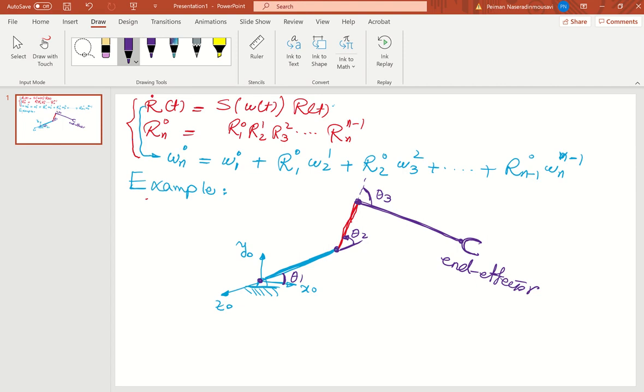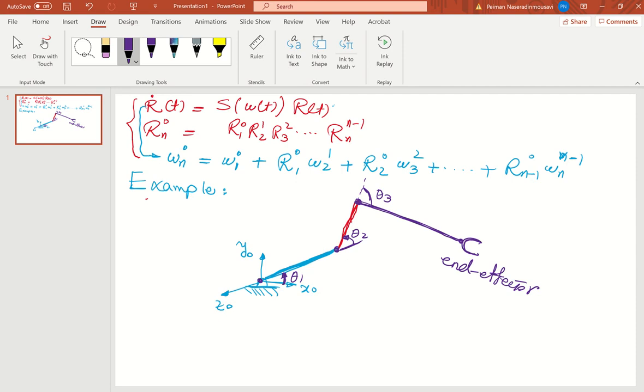Based on the DH parameters and how to set up the coordinate systems, because this is rotating in this direction, as you see, theta 1, z0 is along the axis of the actuator, so it is going to be out of the page based on the right hand rule.